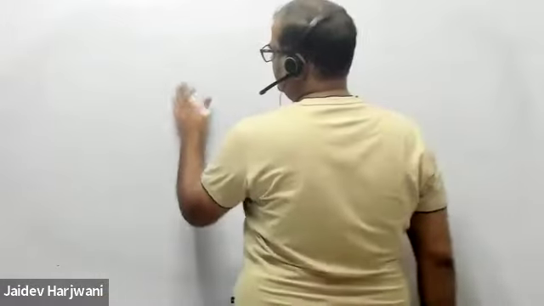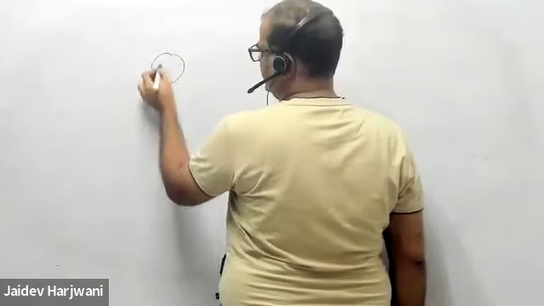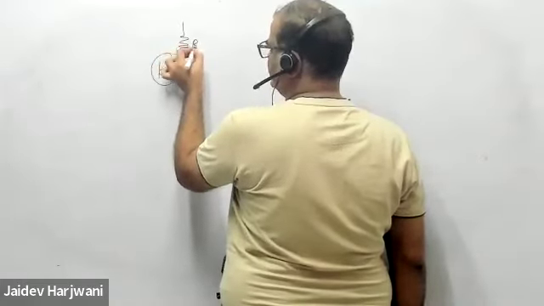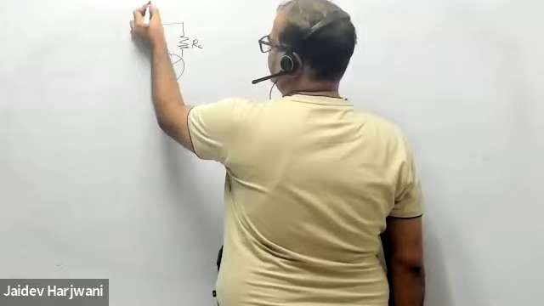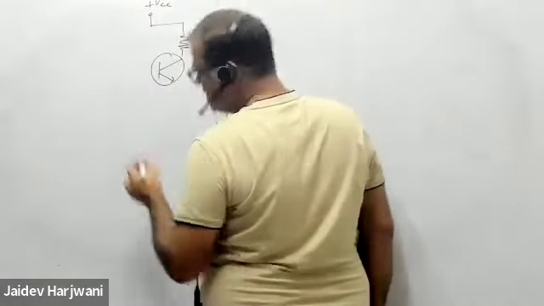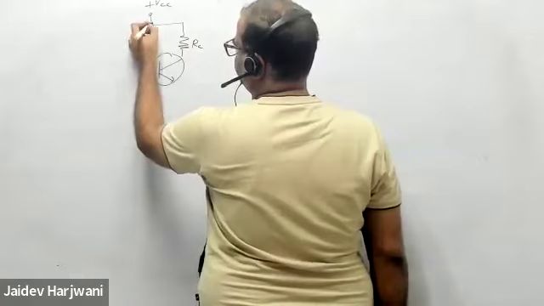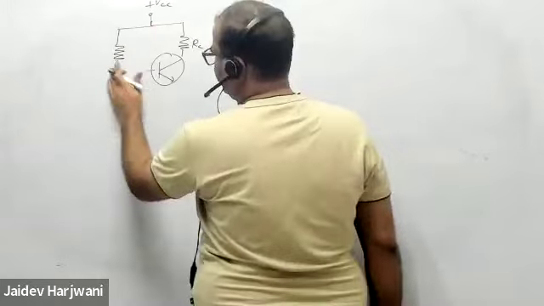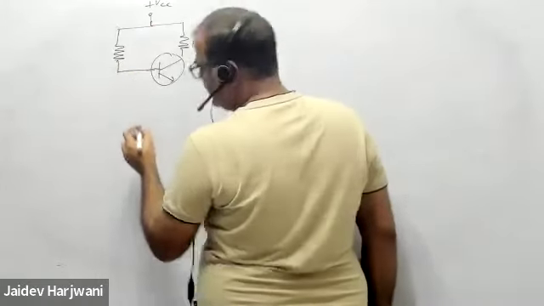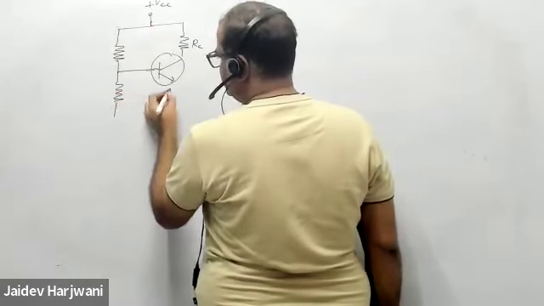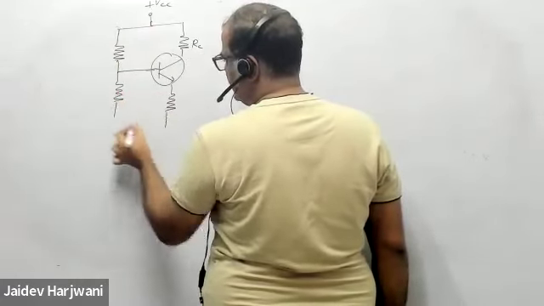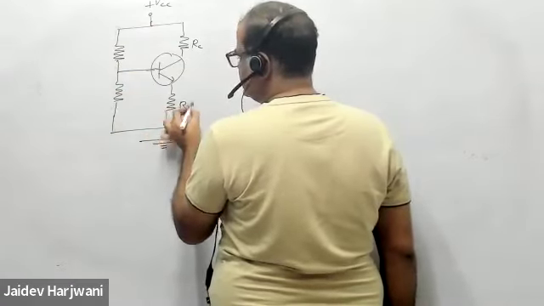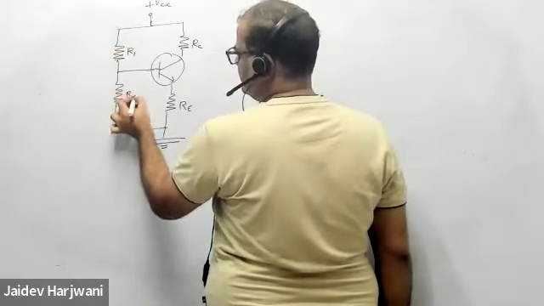Now this circuit is given, voltage divider, RC here, plus VCC, and this is your resistor. Here you have RE, R1, R2.